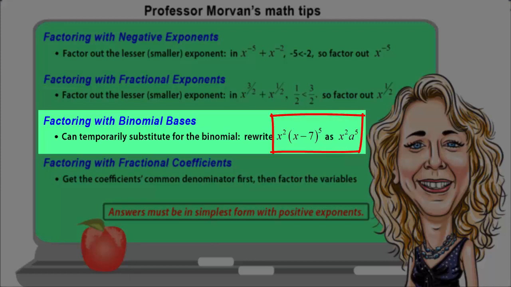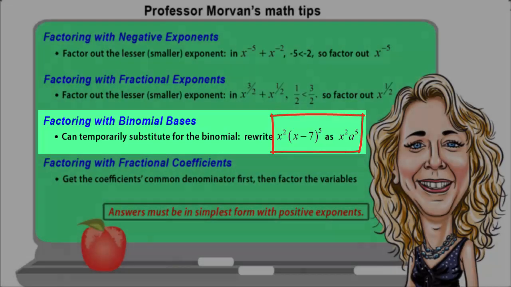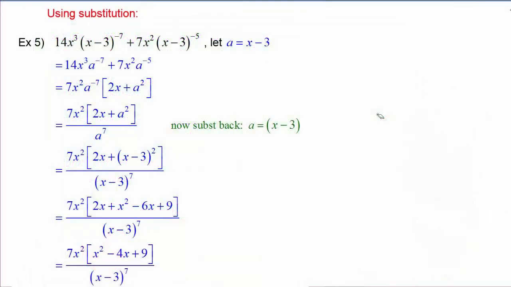If we look at this quick example here, we see we could rewrite x squared times quantity x minus 7 to the 5th as x squared a to the 5th if we let a substitute in for that x minus 7. Now if we go back to example 5, what that would mean is we would let a equal x minus 3. So feel free to use this substitution if it helps you think a little easier in your factoring.